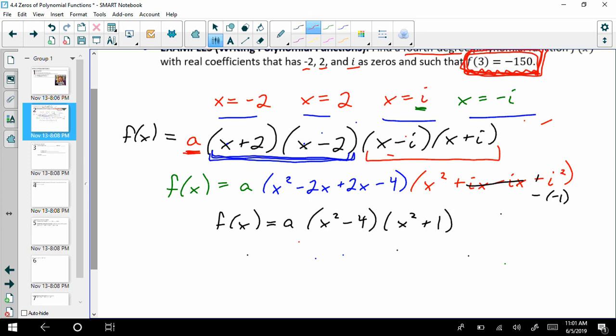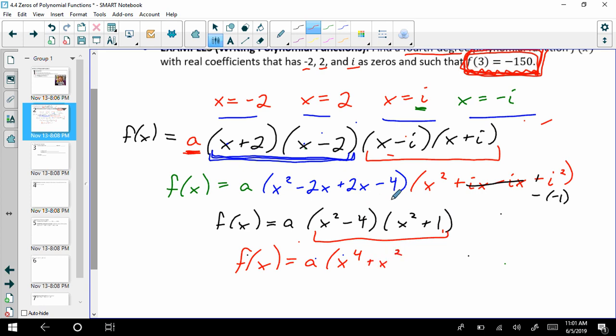Okay? I am going to FOIL these together again. So f of x equals, keep the a. So first times first would be x to the 4th. Look at that. There is that 4th appearing that we wanted to see. Outer times outer, x squared times 1 would be 1x squared.